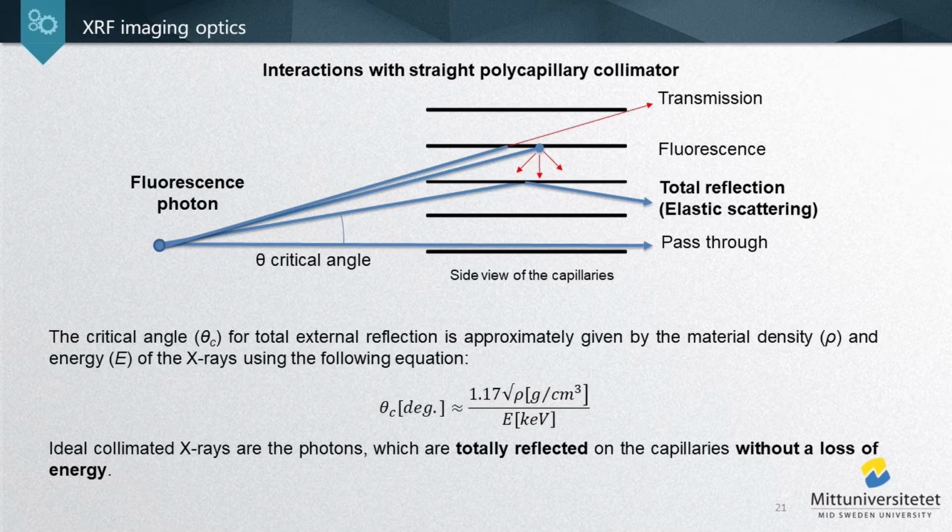And the critical angle is given by the material density and the incident energy of the photon. And in the end, a small amount of photons might pass through the inner walls without any interaction. In a polycapillary optics, the ideal collimated X-rays are the photons which are totally reflected on the capillary walls without an energy loss.